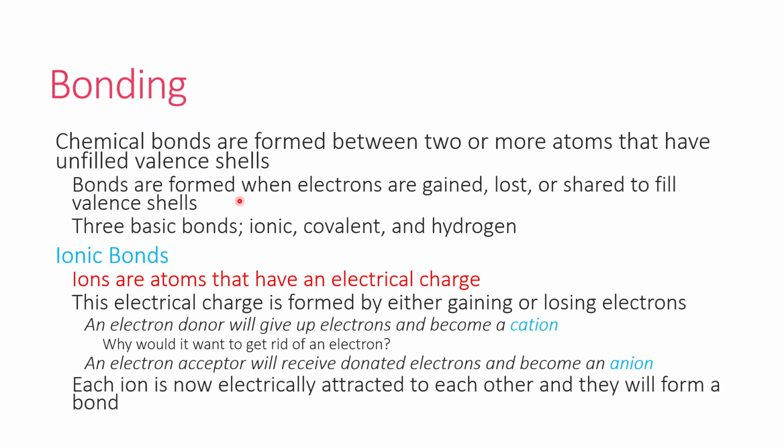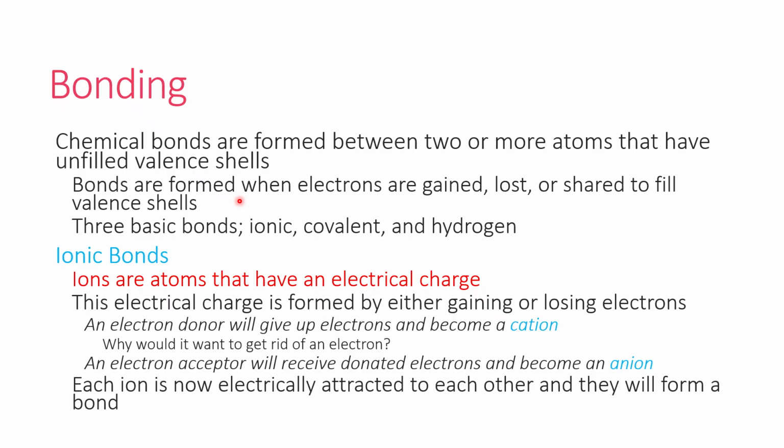So the whole point of these atomic interactions is to fill the valence shells. Atoms are not happy until they have a full valence shell, and we'll talk about what these valence shells look like, how we fill them, and what makes them full, if you will.